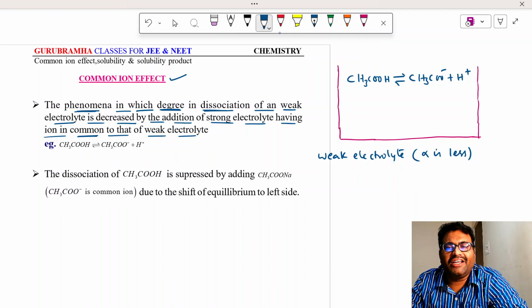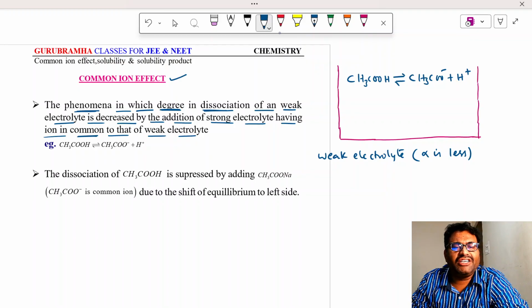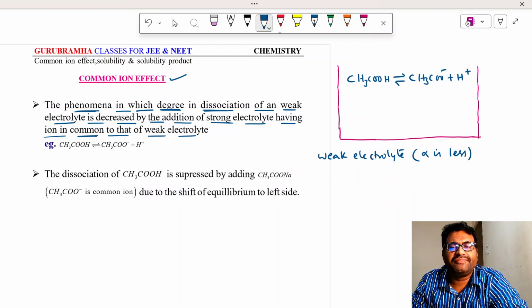Into this container, where there is acetic acid, what am I adding? I am adding a strong electrolyte. Let us add CH3COONa, sodium acetate.